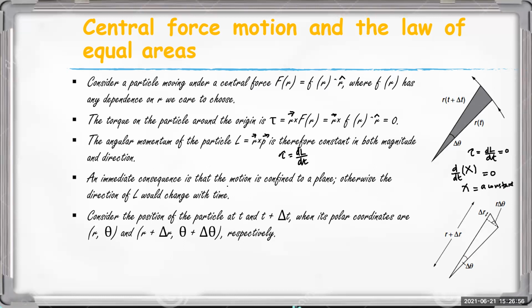Consider the position of the particle at t and t plus delta t. Here it is the first point and it is the second point, at time t and at time t plus delta t.